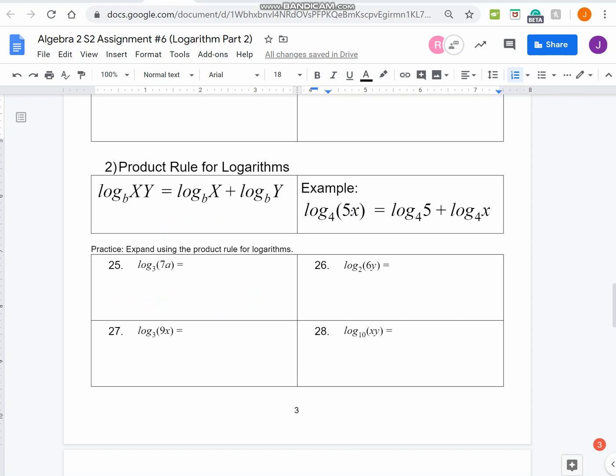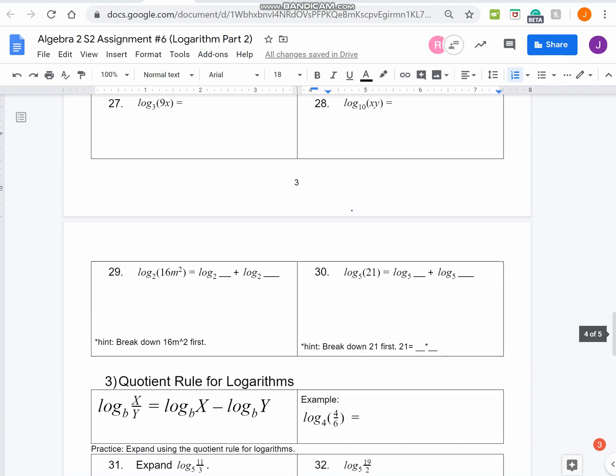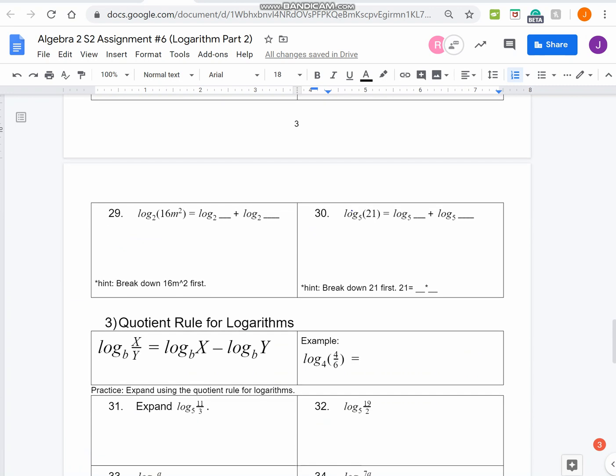Now, if you move on to the next part of the log product rule, I would like to go over number 29, which could be a little bit more challenging one. So 16m to the second power is our argument. And when I break down, I need to break down 16m to the second power first. 16m to the second power is 16 times m to the second power, right?